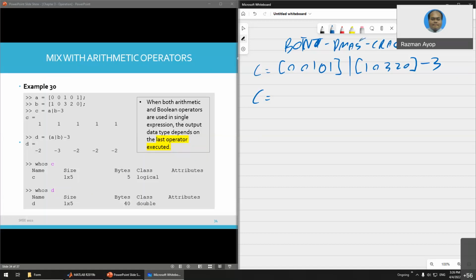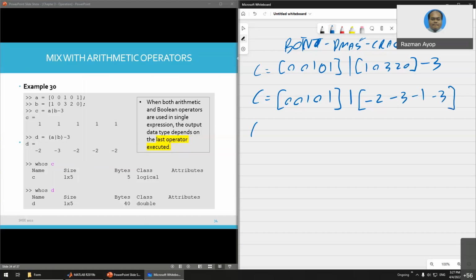Subtraction is higher than the OR, so you have to solve this first. So 0, 0, 1, 0, 1 and OR. For this case, it is double, so negative 2, 0, negative 3, negative 1, negative 3.